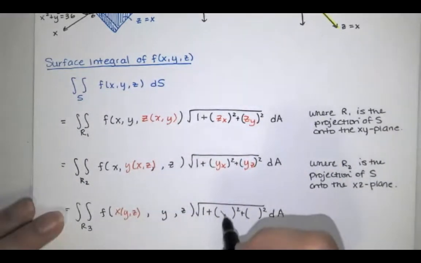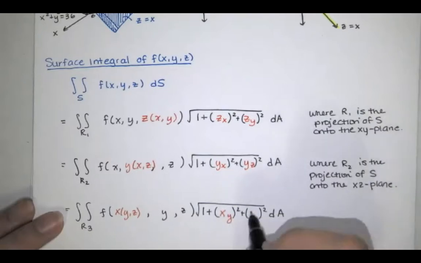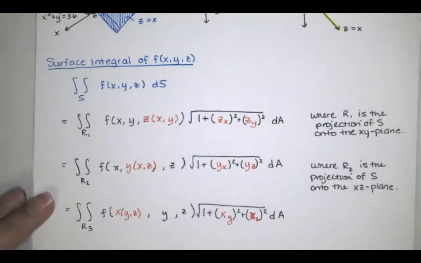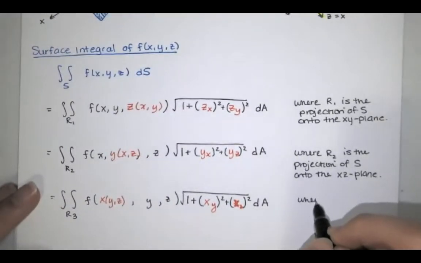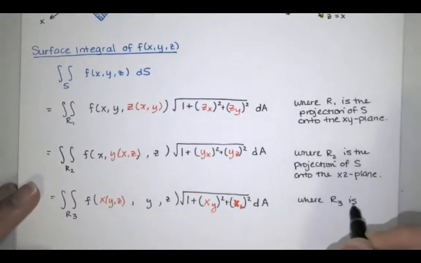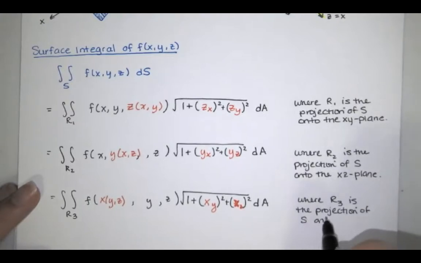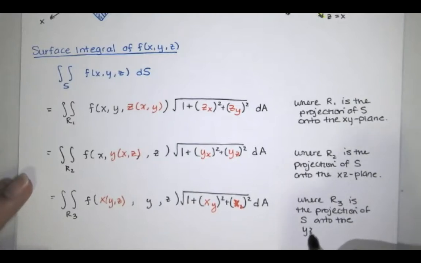Since x depends on y and z, we're going to have a partial of x with respect to y and a partial of x with respect to z. And then we'll integrate over the region R3, where R3 is the projection of S onto the YZ plane.